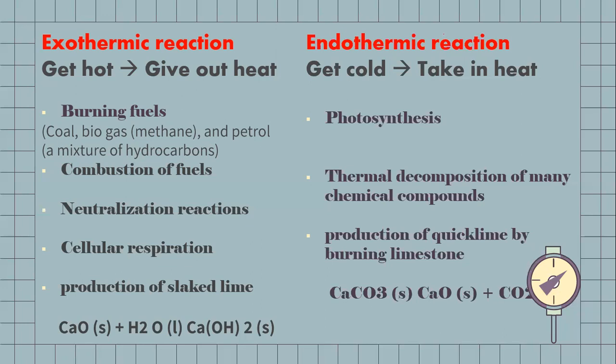And finally, if you are asked to find the heat changes quantitatively, remember the equation Q equals mc theta. m is the mass, c is the specific heat capacity, and theta is the temperature change. So when you apply that in that formula, you'll be able to find the answer. Thank you for listening.